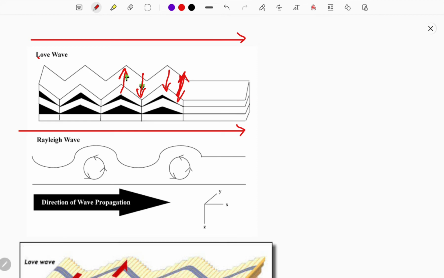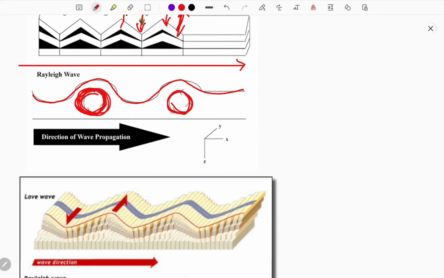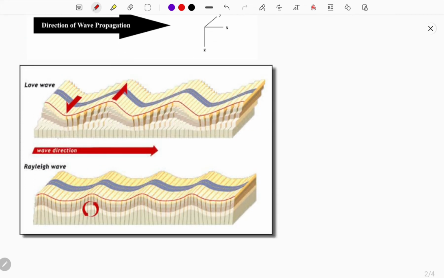And next, Rayleigh waves move like a wave in water. So here the particles inside them roll over each other. If they are rolling, they can also be called rolling waves. So you would have understood the image-based understanding of the waves.